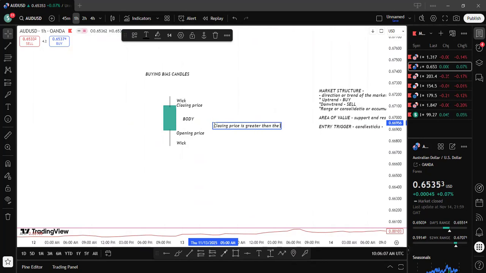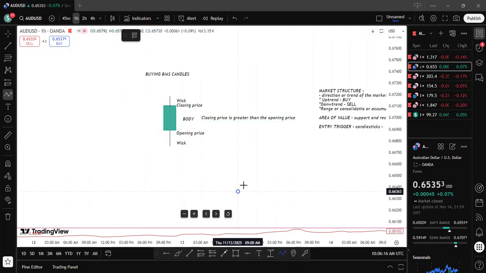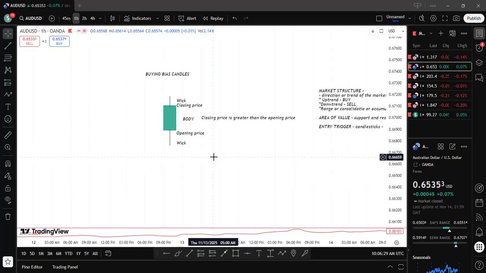If you are in an uptrend, you expect the price to go up. If this is the candle and this is the opening price, then definitely this part is higher than this point. So the closing price in a bullish candle is greater than the opening price. I believe it makes sense, right?